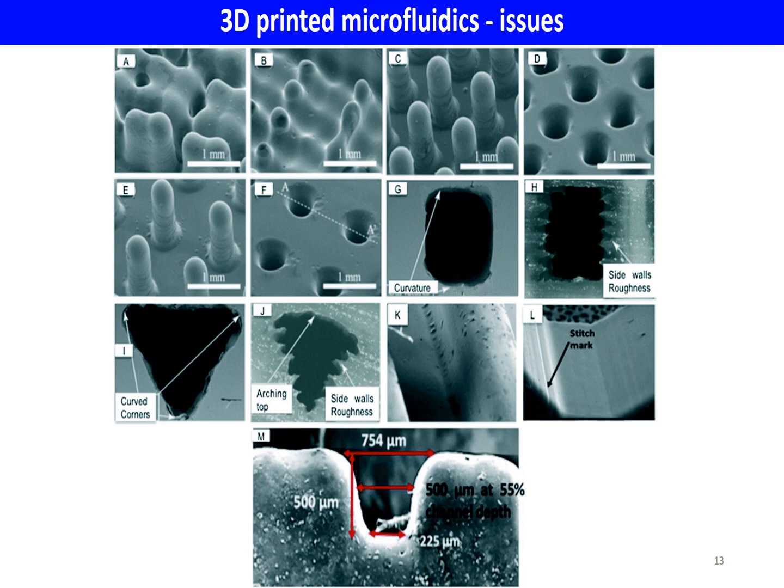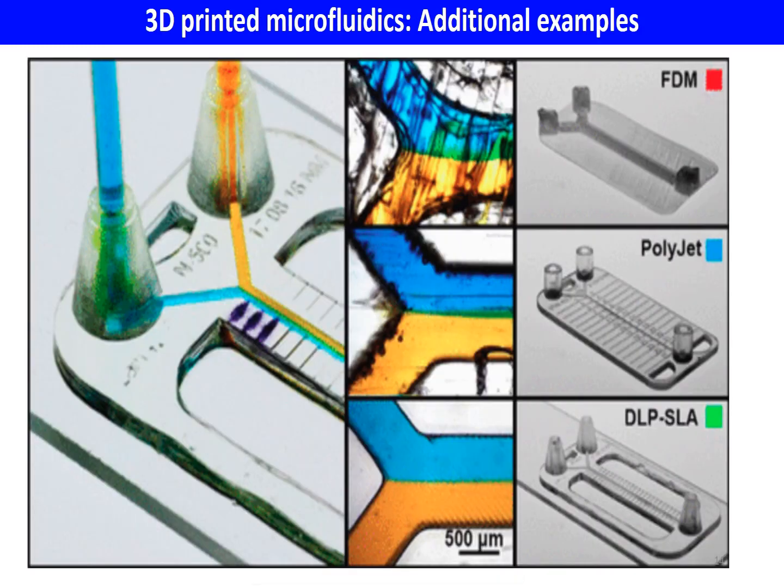This is an interesting example, because this is what one would get with fused deposition modeling, with PolyJet, and with stereolithography apparatus using digital light processing. So these researchers compared those three methods for the same structure. I should emphasize that the length part here is 500 micron.